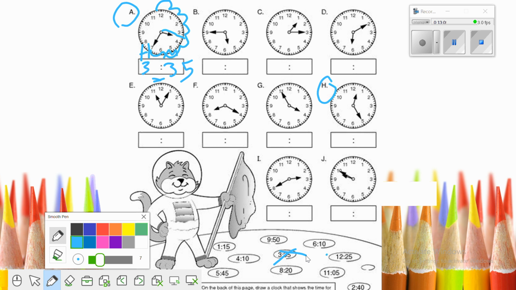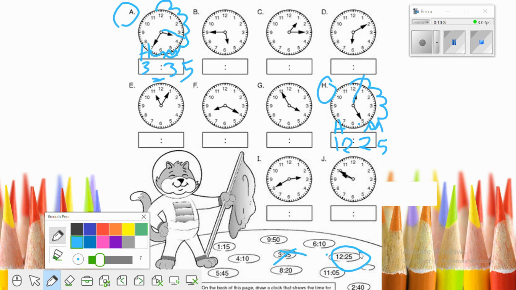Let's see about H. Also in the digit form. I have HM. What about the hour hand? The hour hand is between 12 and 1, so it's still 12. What about the minute? Yes, it's on 5. Let's keep counting. 5, 10, 15, 20, 25. Perfect, 25 minutes. 12 and 25 minutes, it's here.